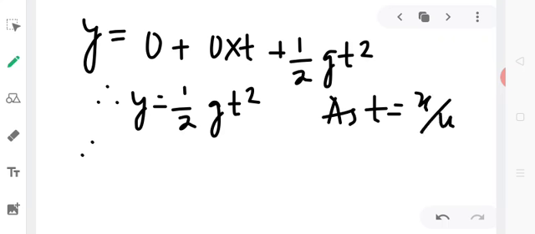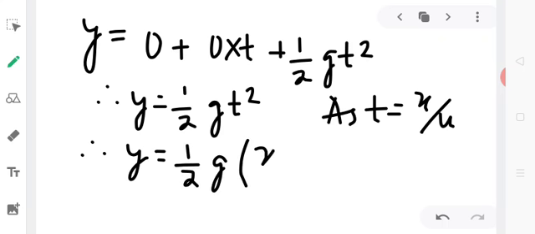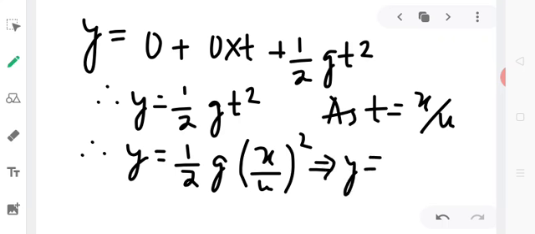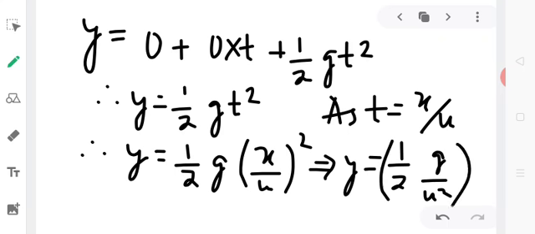Therefore, y is equal to half g x by u square. That gives us y equal to half g by u square times x square.